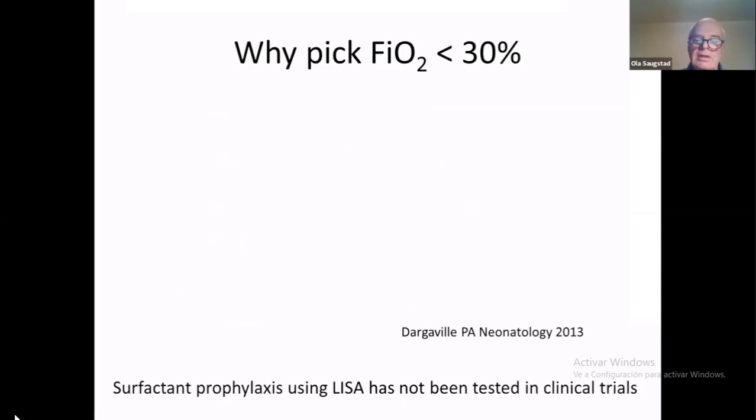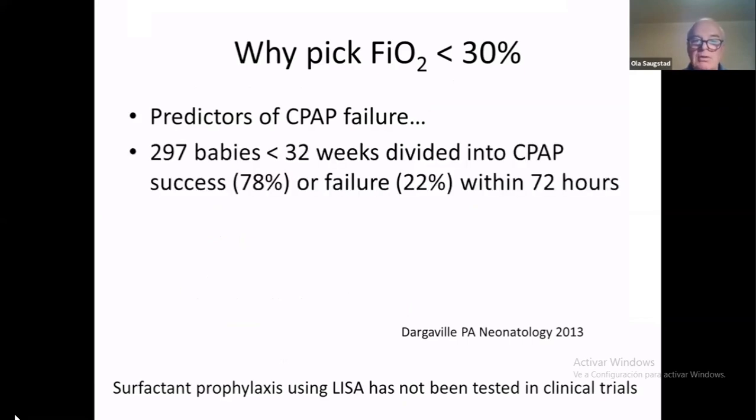And then what is the indication for giving surfactant? Well, we have picked an FiO2 of 30% or more. It's based on Peter Dargaville's data some years ago now. It seems that babies who need FiO2 of 30% or more have a greater risk of CPAP failure.